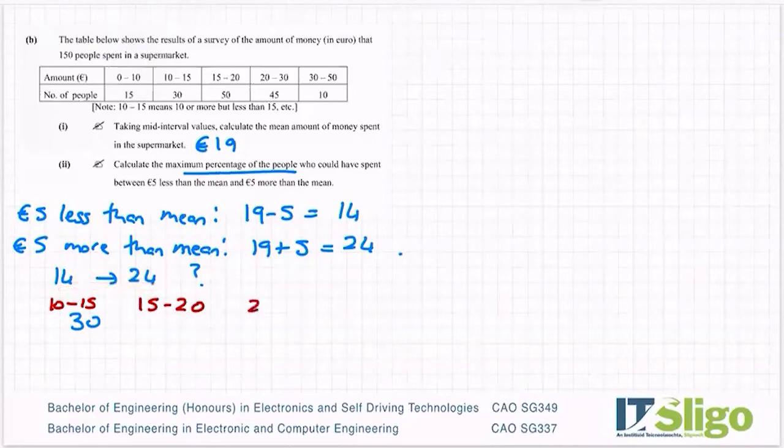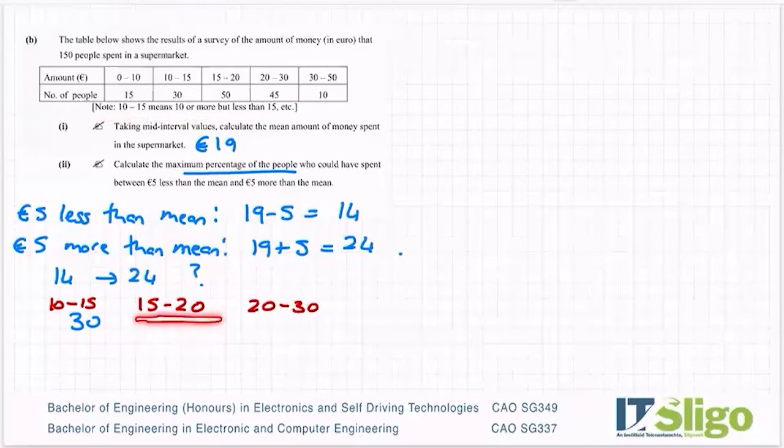And of course, 20 to 30 also falls between this, or at least some of it. And when you have these 30 people, they could be 10 euros, they could be 11, 12, 13, or 14. They're not 15 because the key said 10 to 15 means 10 or more, but less than 15. So these 30 people spent either 10, 11, 12, 13, 14. So it said the maximum number. So that's why we can include all 30 people here and say, well, they could have all spent 14 euros.